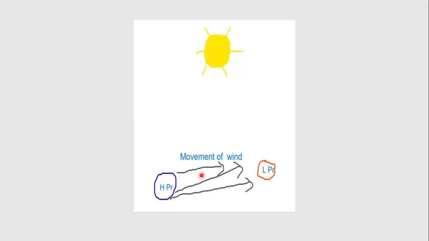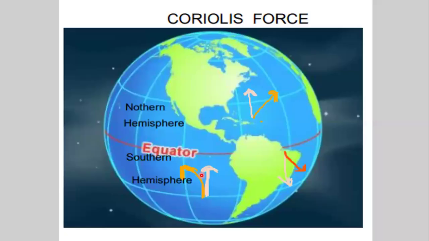Coriolis force. Coriolis force is the force caused by Earth's rotation. It is the wind gets deflected to their right in the northern hemisphere and towards their left in the southern hemisphere. It is an effect of Coriolis force.